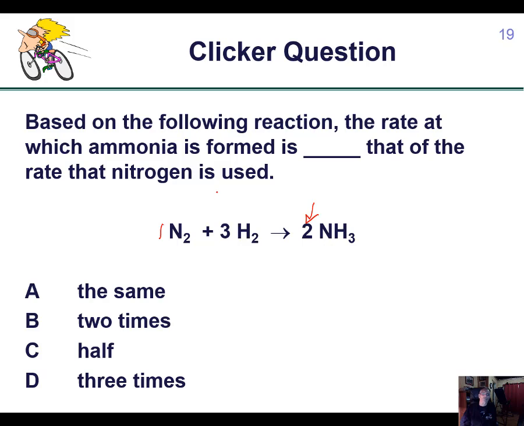Let's say 10 seconds of time, I allow the reaction to go forward. Well, relatively speaking, in that same 10 seconds, twice as much ammonia will appear as nitrogen disappears. Okay? And so that's pretty easy to figure out. All right, so go ahead and answer that question as a clicker question.